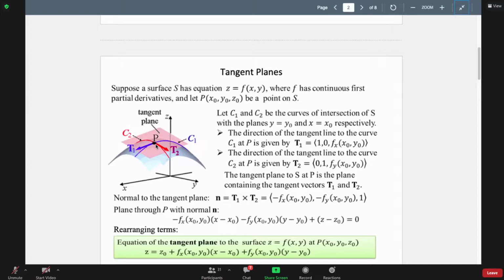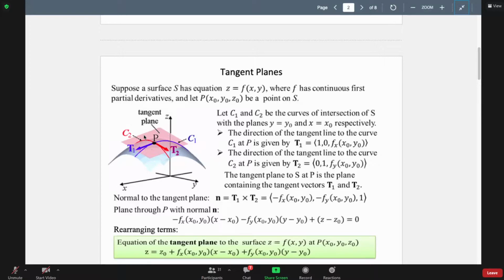This was discussed already before, and you remember the first tangent vector, as I call it, T1, is 1, 0, and the partial derivative with respect to x. Again, I justified this formula using a 2-dimensional picture. But I told you, even if you miss the justification, you have to remember that the first tangent vector is 1, 0, fx.